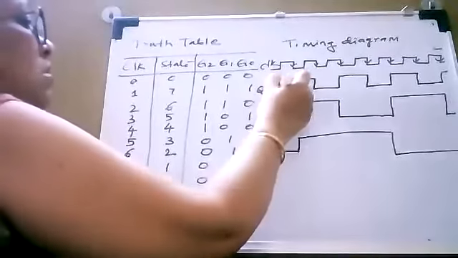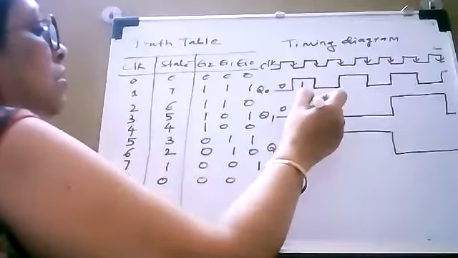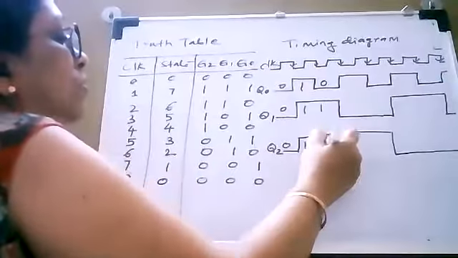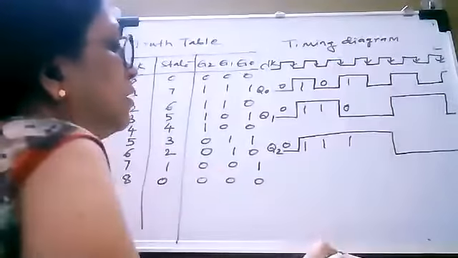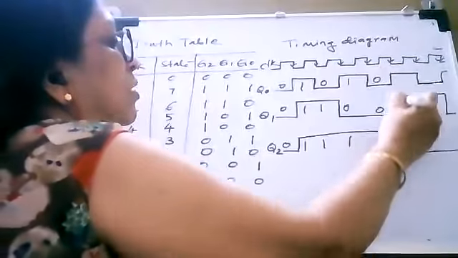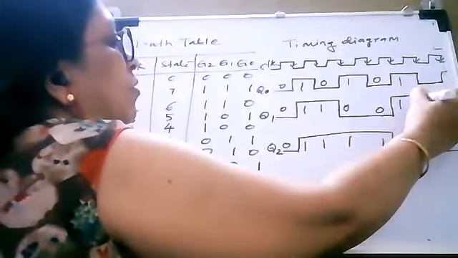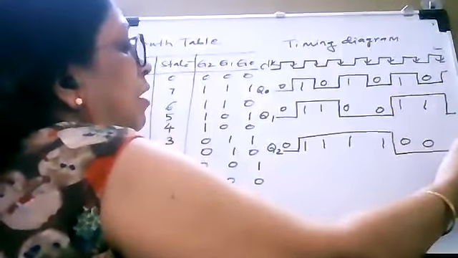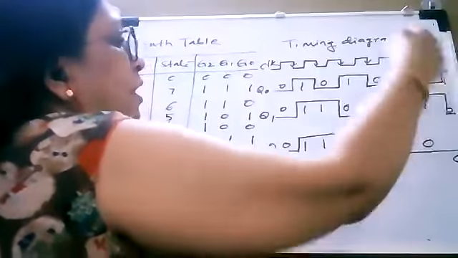Okay. So this is 0, 0, 0. This is 1, 1, 1, 1, 1, 0. 1 0 1 1 0 0 0 1 1 0 1 0 and 0 0 1.